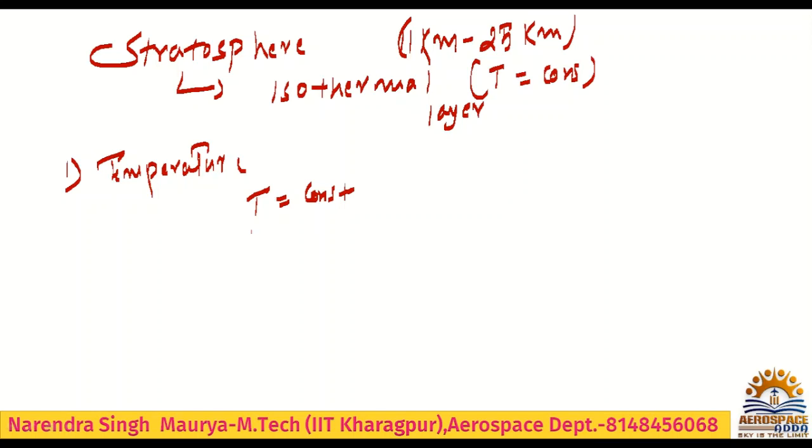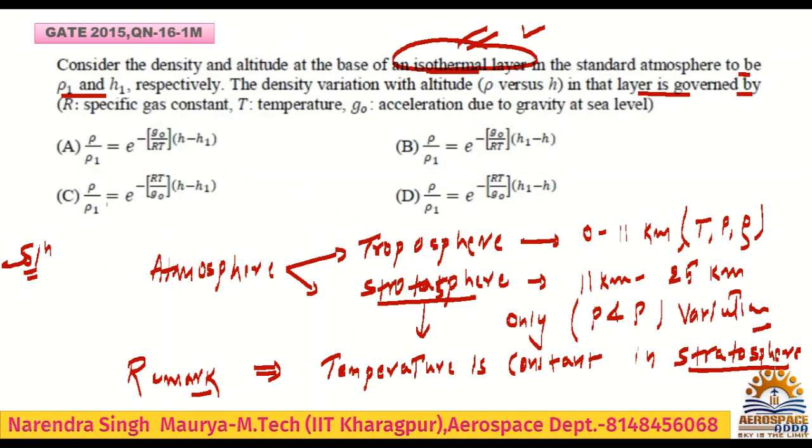Number two, if you want to go for the density or first pressure, our pressure is P. As per this notation, they are asking density, no problem.